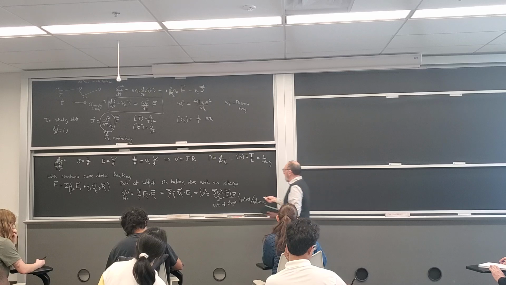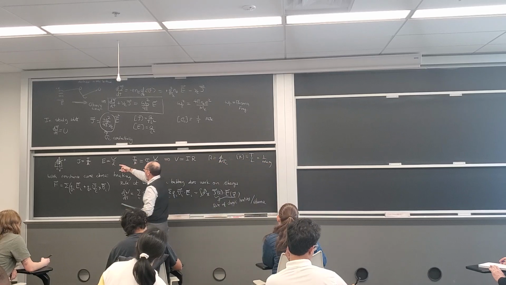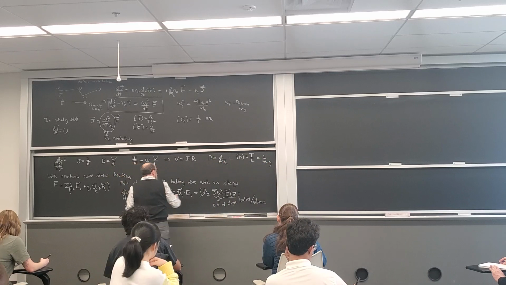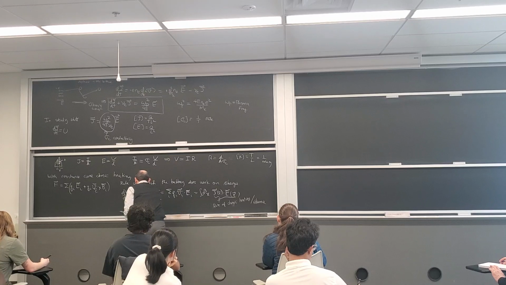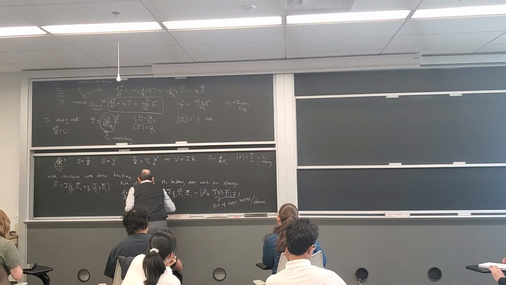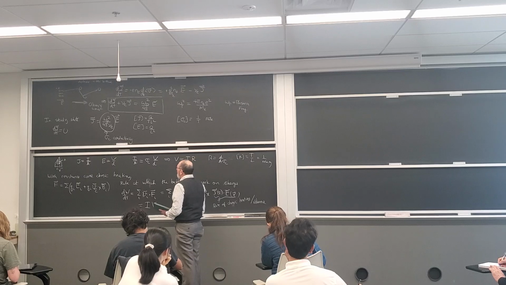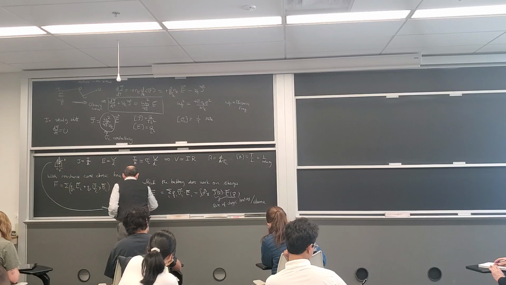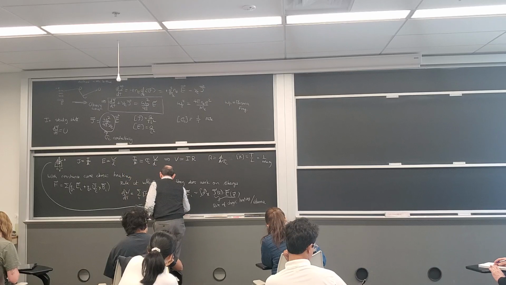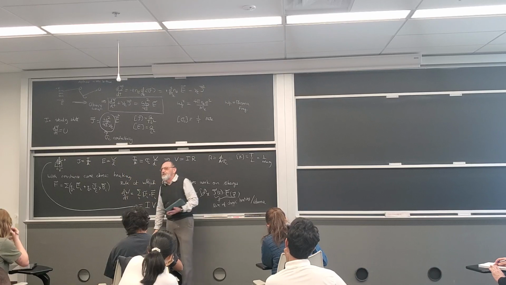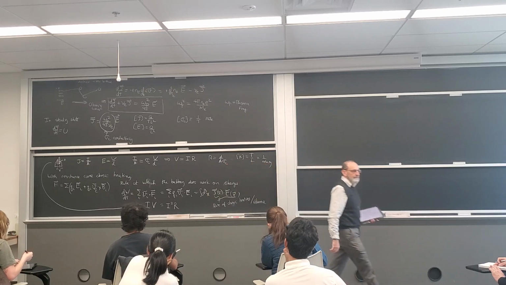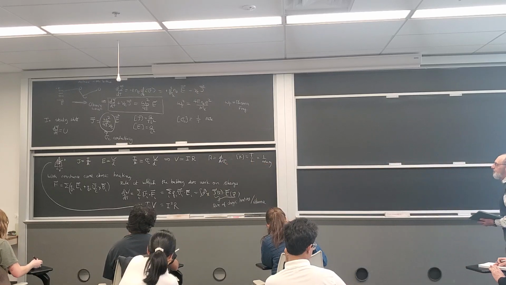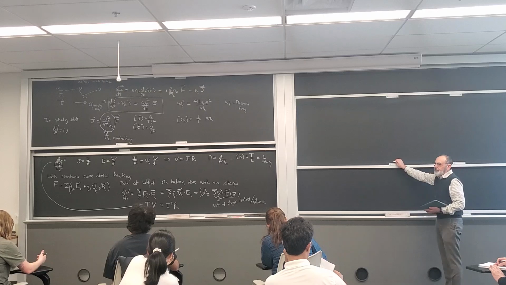And this, of course, if we thought about this simple model, is equal to the current flowing times the voltage across it, which is I squared R, another thing we know from high school physics, right? That's how much power is being dissipated in the resistor. Okay.